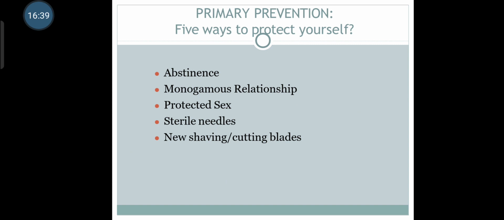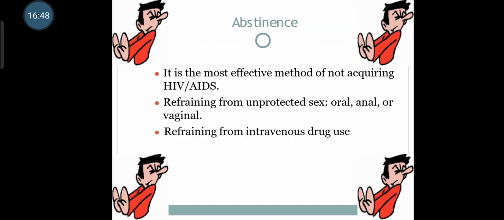First is abstinence. Second is a monogamous relationship, protected sex, sterile needles, and new shaving or cutting blades. First is abstinence, that is refraining from unprotected sex. It is the most effective method, along with refraining from intravenous drug use, that is saying no to drug use.